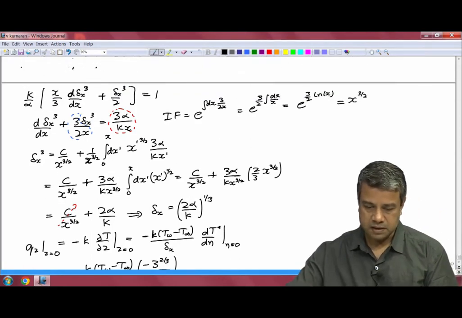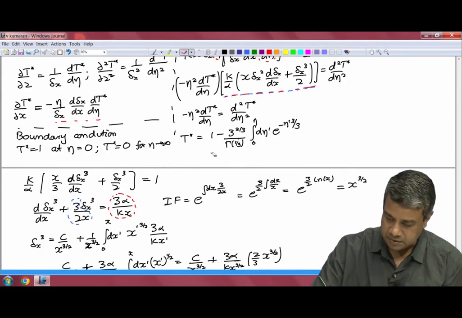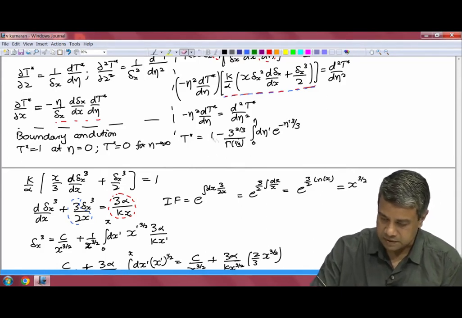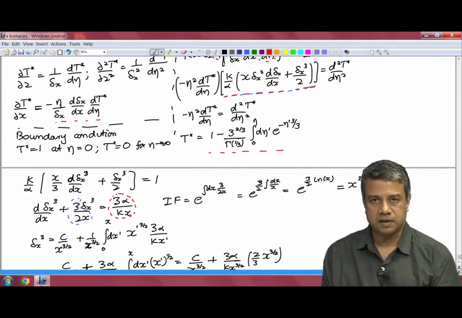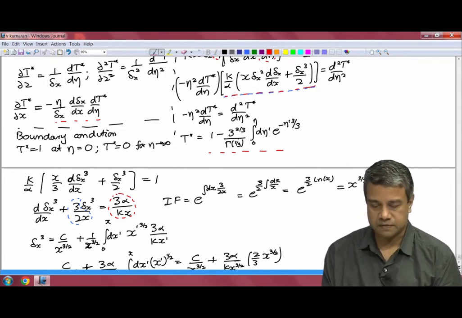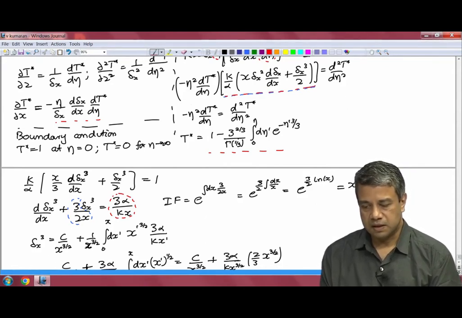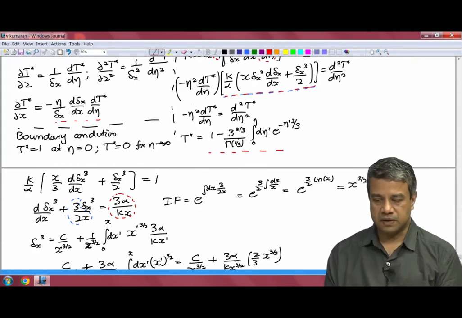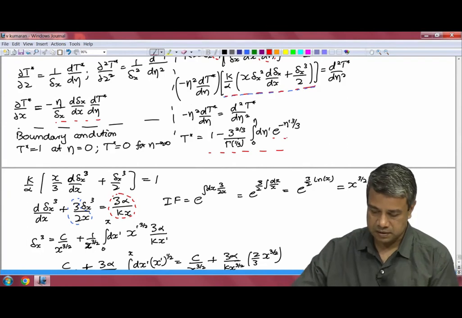This just emerges from this solution for the temperature field. Take the derivative. The derivative of an integral is the value of the integrand at the upper limit of integration. In this case, that value is equal to 1.